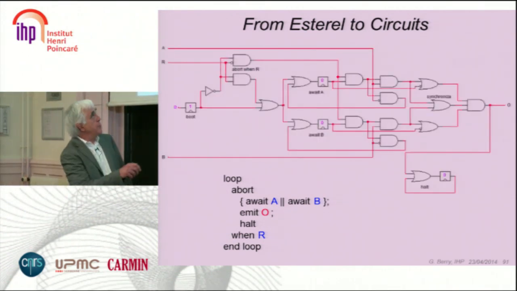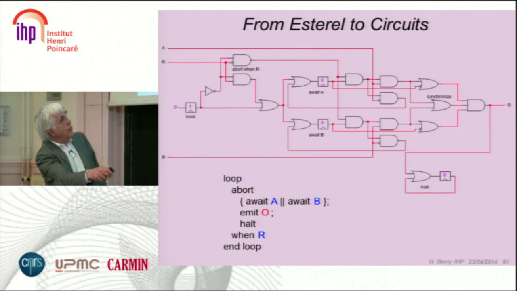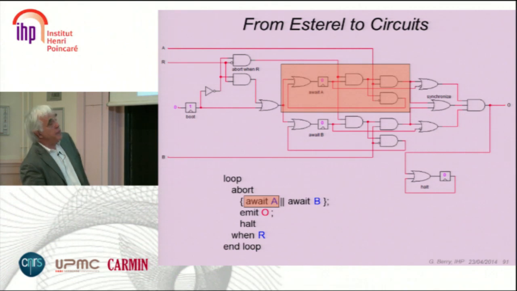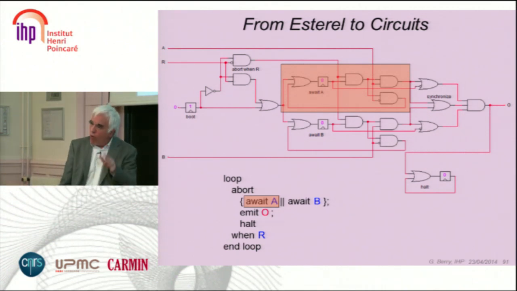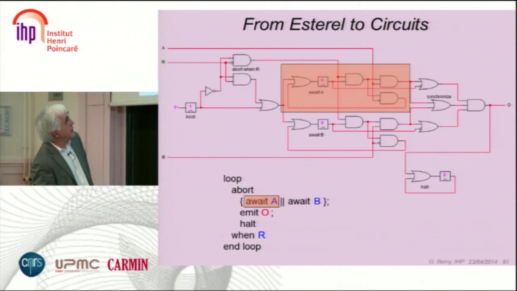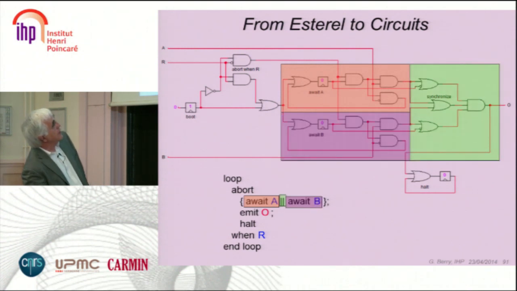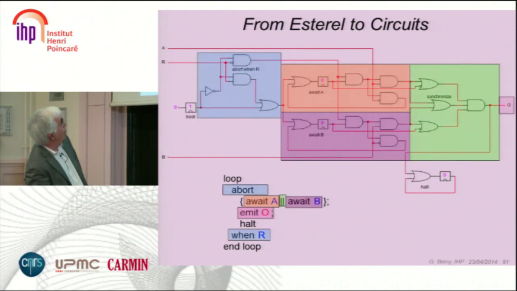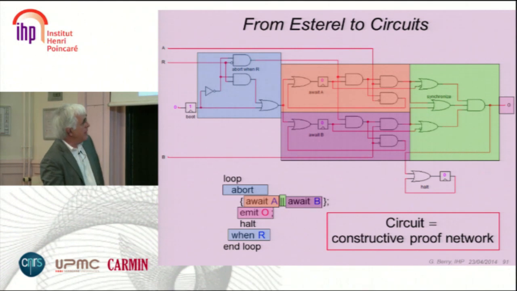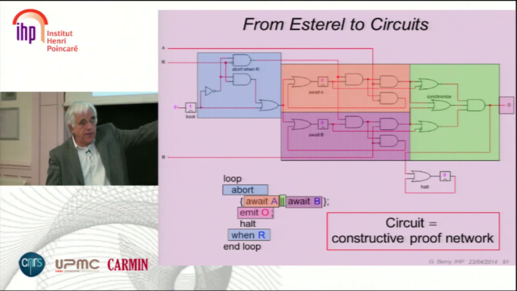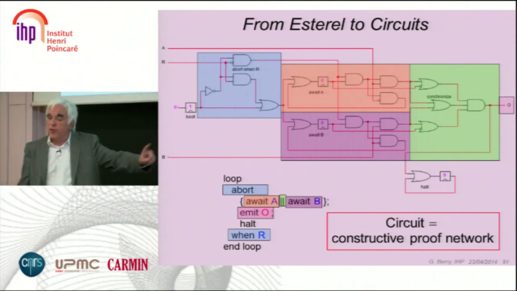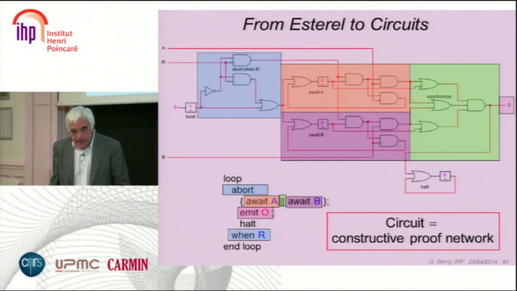And yes, I take this program, and I translate it into this circuit, the one I've shown in the beginning. And in fact, it's piecewise, well, it's more complicated than that, but I skip details. It's piecewise, you see, it's very structural. And it's quite interesting. And the circuit is a constructive proof network for the language.